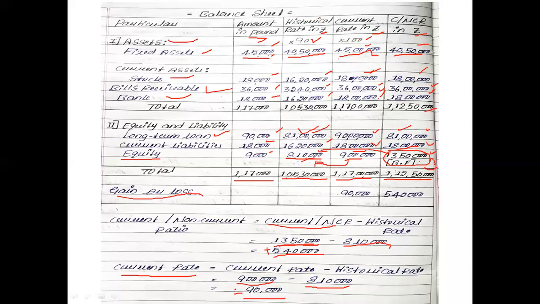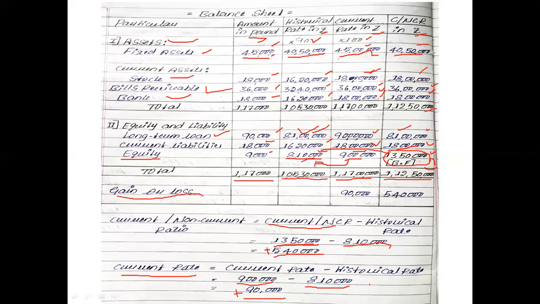This is also positive, so it is a gain from the conversion of pounds to rupees at the current rate. This is the calculation for converting a balance sheet from one currency to another.